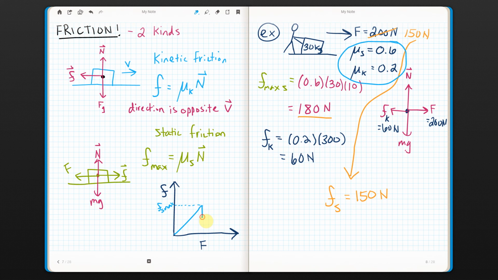And then after that, you're in kinetic friction, where friction is coefficient of kinetic friction times the normal force. And that's a constant. It doesn't matter how hard I push after that. All I've got fighting me is kinetic friction.